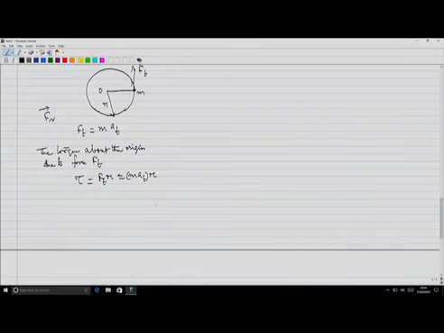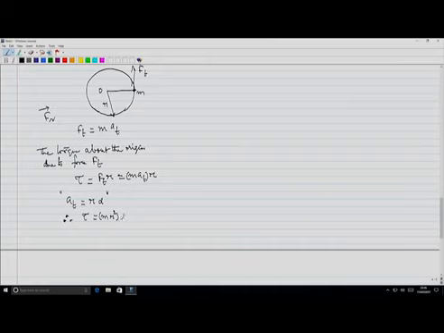Okay, now what is a_t? In the earlier section also we calculated, it is r times angular acceleration. Therefore, tau is equal to m r squared into alpha.